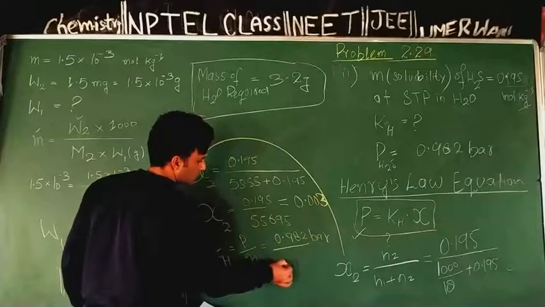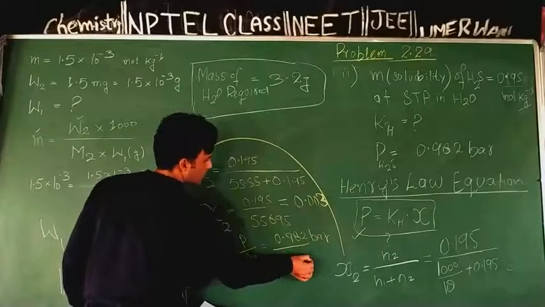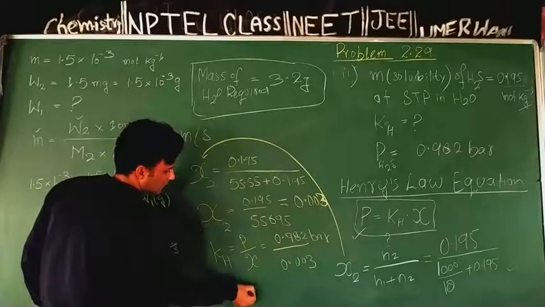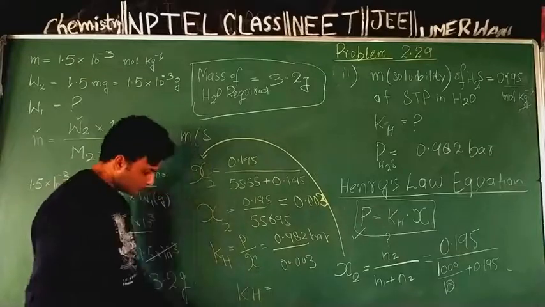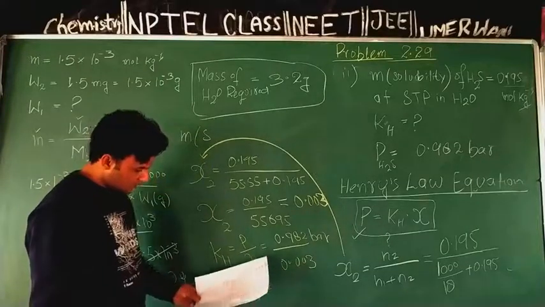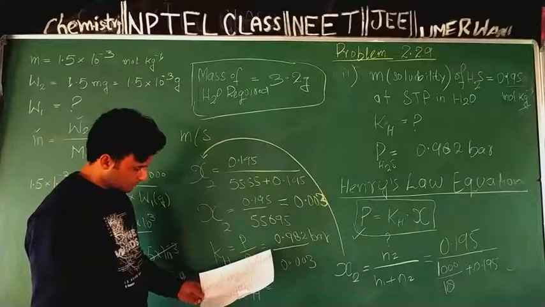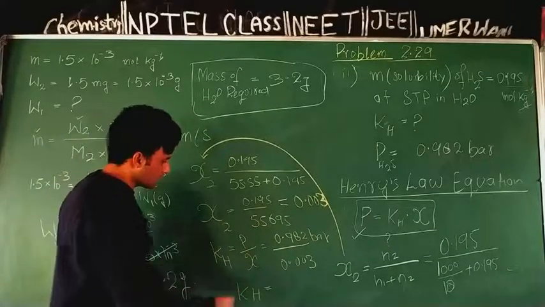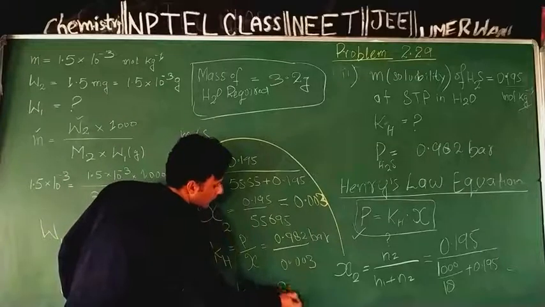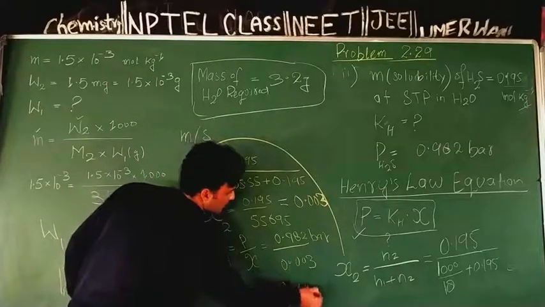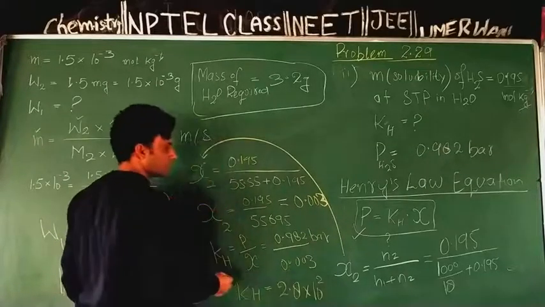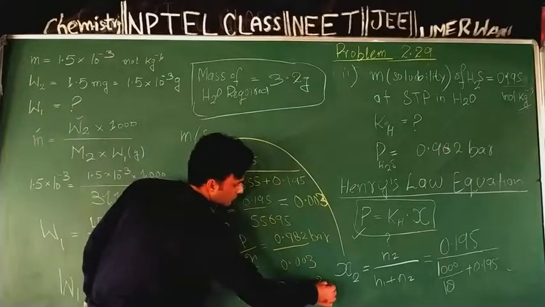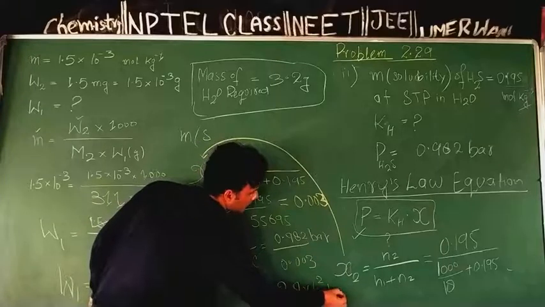Mole fraction is 0.003, and the answer, Henry's law constant KH, comes equal to 2.8 into 10 to the power 2, and the unit of Henry constant is the same as the unit of pressure, because pressure was in bar, so the unit will be bar.